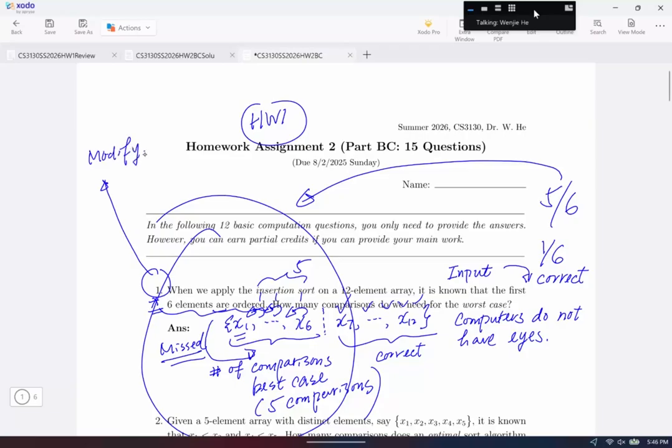In the final, I cannot give you the same question, or just change the data size number, because that's too easy. So I want to make a non-trivial modification.